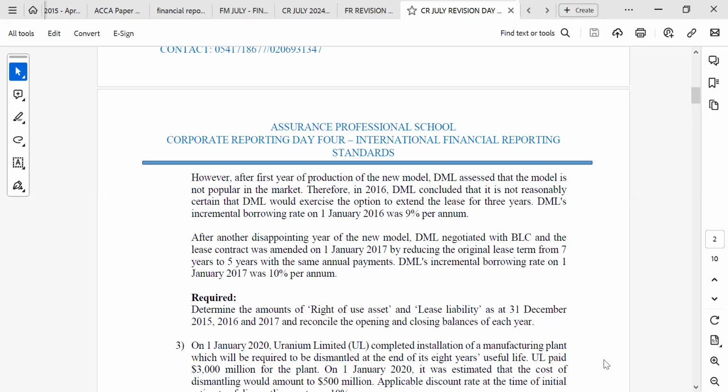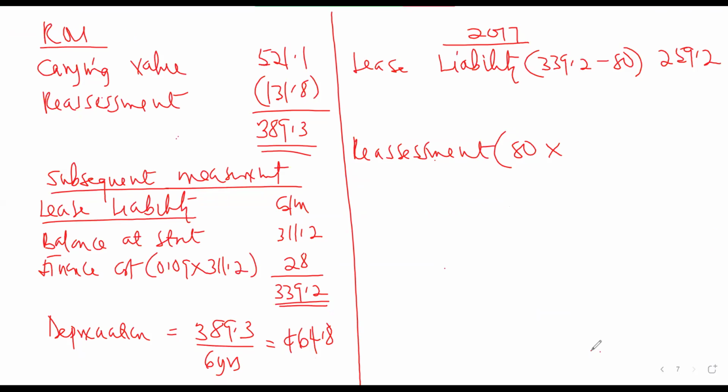What will be the annuity for 2 years using 10%? 1.736. So how much are we going to be having? 138.88. So as at the beginning of this year, this is the amount that we're supposed to be owing the people. This is the lease liability.